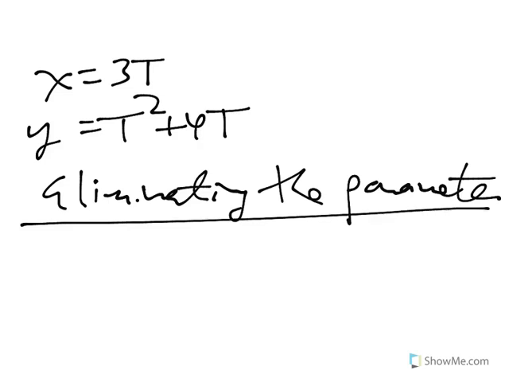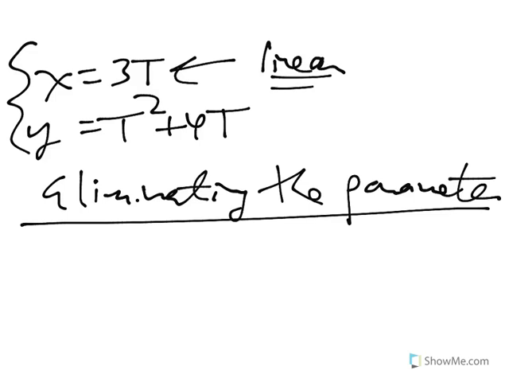Eliminating the parameter is when you have a parametric equation and we try to rewrite it as an equation that only has x and y in it. It gives us some idea about what it looks like. If one of the equations is linear, like x equals something t, or even more complicated, as long as there's no exponent on the t or no trig functions with the t, we can solve for t in terms of x, so t equals x over 3.